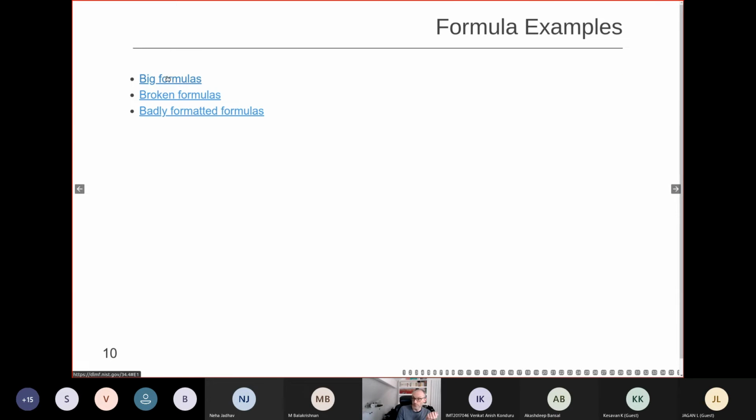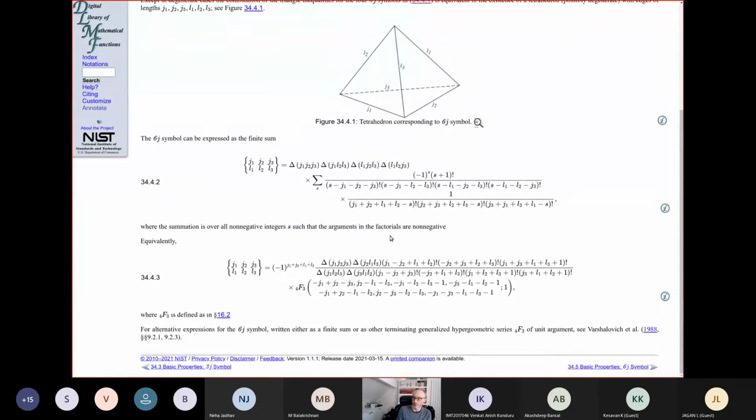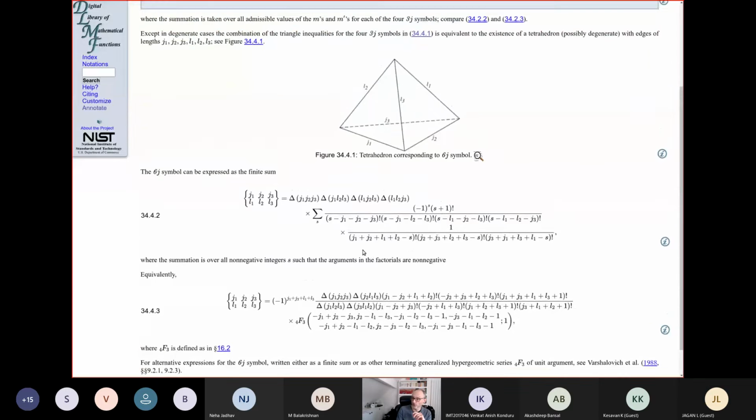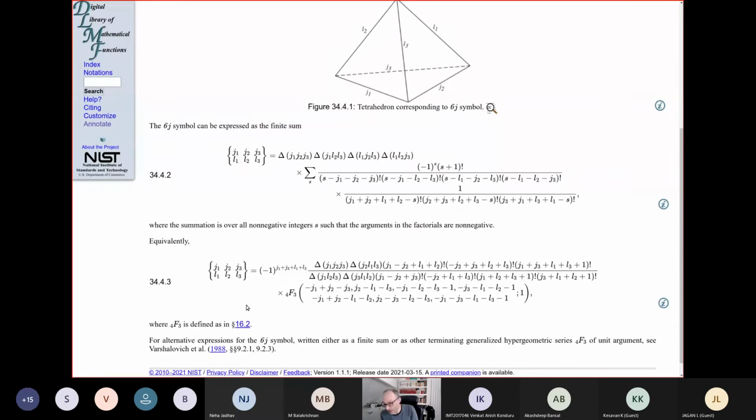Just a couple of examples of formulas. Here's a big one from the Digital Library of Mathematical Functions. As you can see, if you can see it, I can't really read it out because, to be quite honest, this is already hard for me to read out. It starts with an open brace, and then it looks a bit like a two-row matrix. But it really isn't, because what's important is that J1 goes to L1, J2 goes to L2.